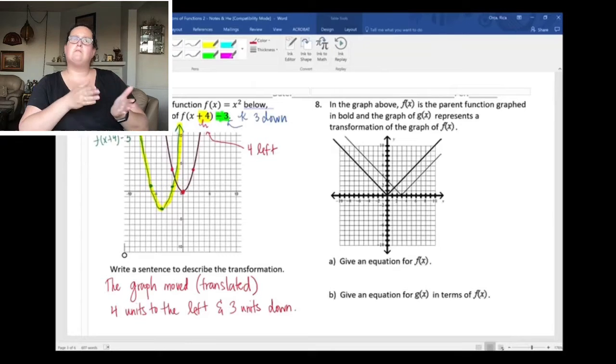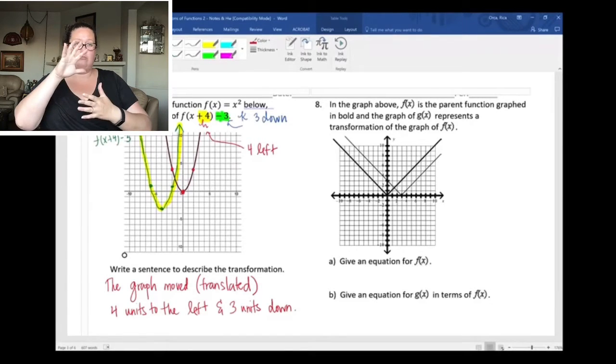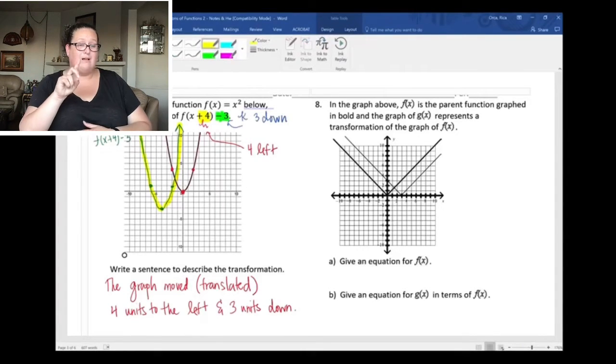Now let's move on to problem 8. In the graph below, f of x is the parent function graphed in bold, and the graph of g of x represents a transformation of the graph of f of x. So our parent function is the one in bold, and the transformation would be this.